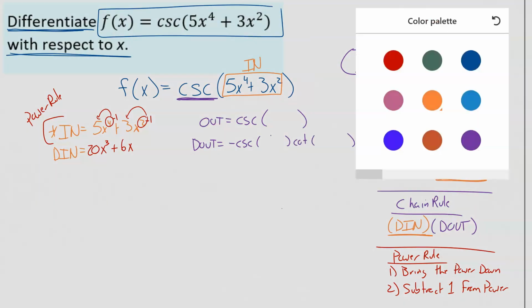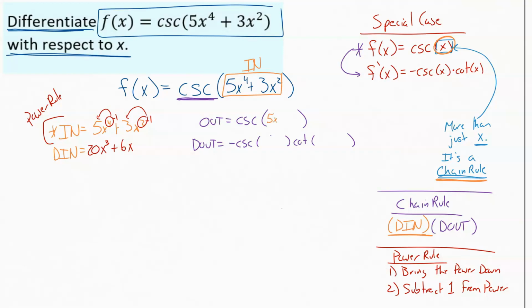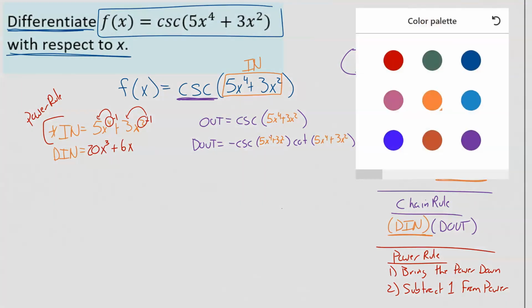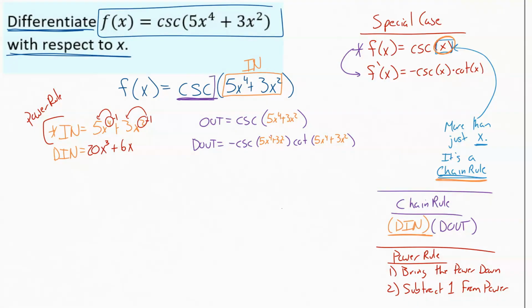It's your in, untouched. Whatever's inside there stays the same. And it's the same in both chunks when we get these negative cosecant cotangents. So that inside piece stays the same. So when we're looking at the derivative of the outside on a trig function, you're really looking at your special case, following that, and then replacing those x's with whatever was inside there.